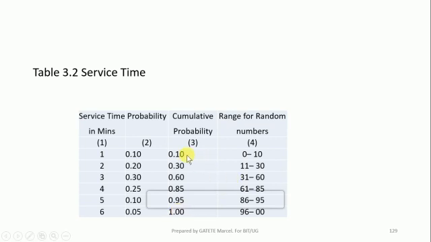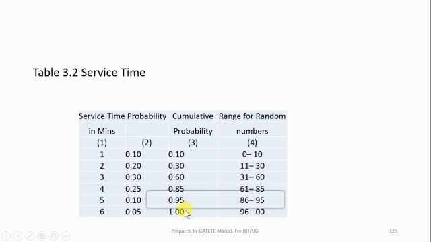For the range, I don't have to use a real number, so I have to multiply by 100. If I multiply by 100 here, I will get 10. So this is the range from 0 to 10 for the first customer. For the second customer, I take from 11 till 30.